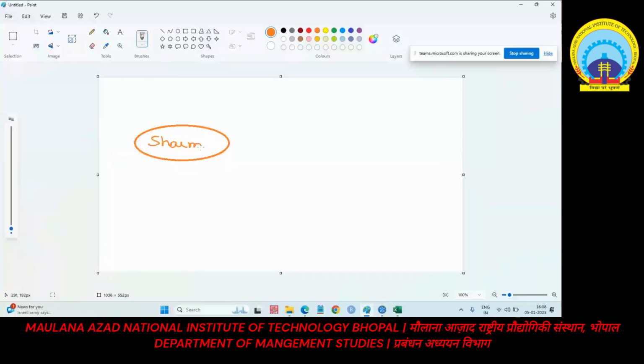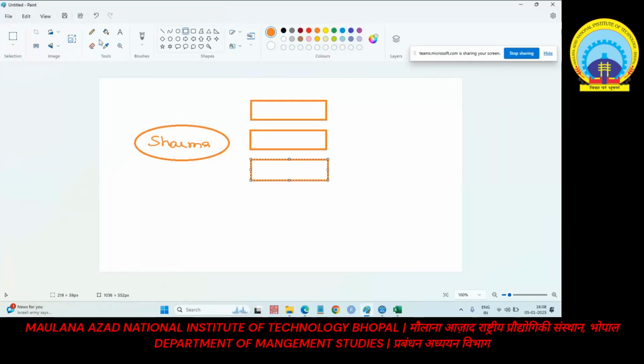Now, the Sharma family has 3 kids. So this is kid number 1, kid number 2, and kid number 3. Now, the kids have their own relationship.